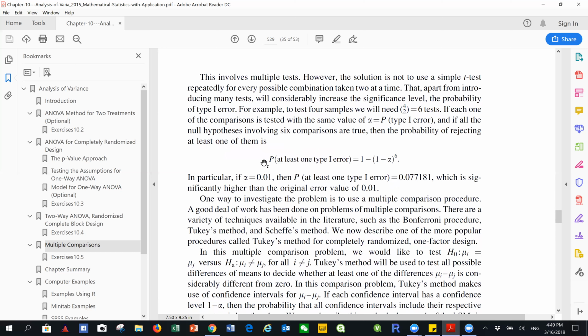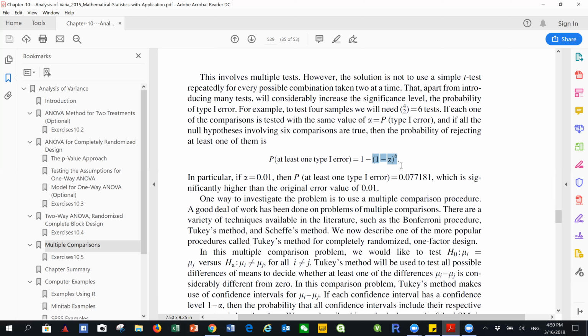All right, here you can see that if we do the t-test 6 times, for six pairs, the probability of type 1 error is alpha. So the probability of not making a type 1 error is 1 minus alpha. But if all the null hypotheses involving 6 comparisons are true, then you multiply 1 minus alpha 6 times, which is to the power of 6.